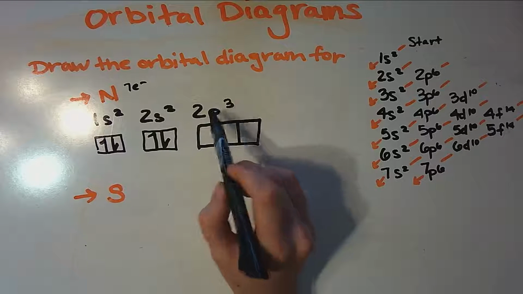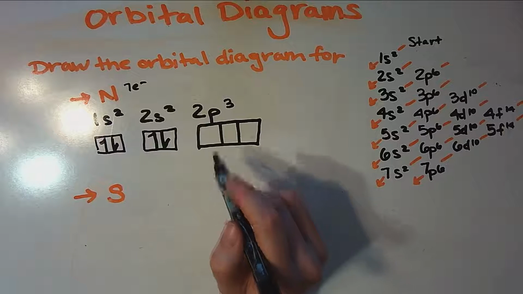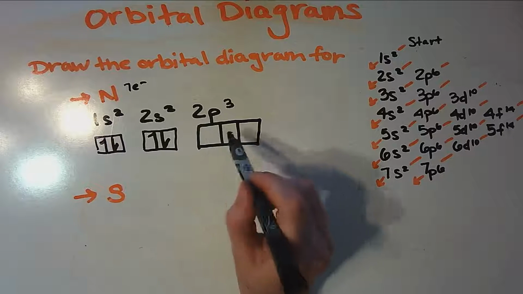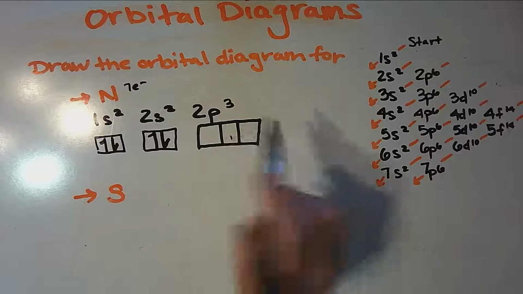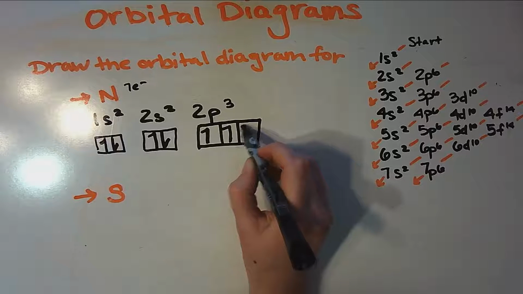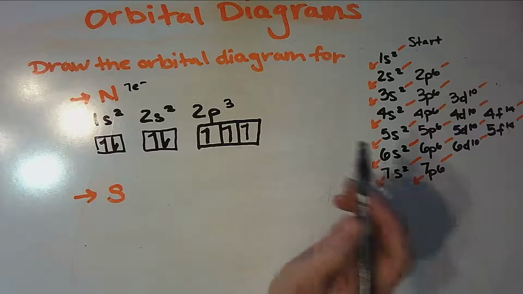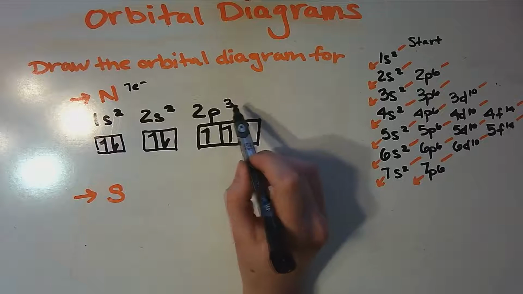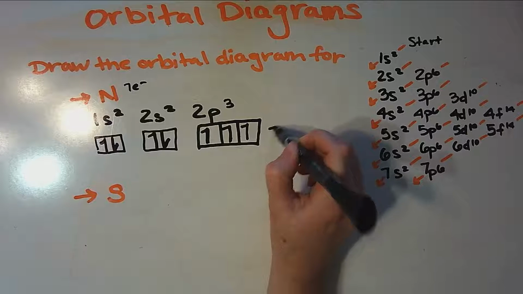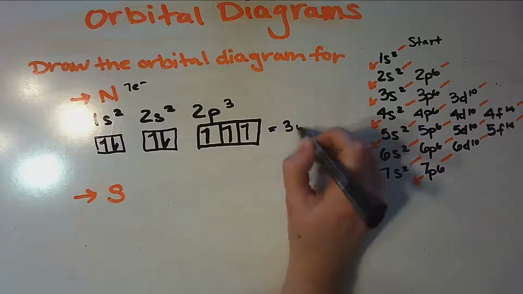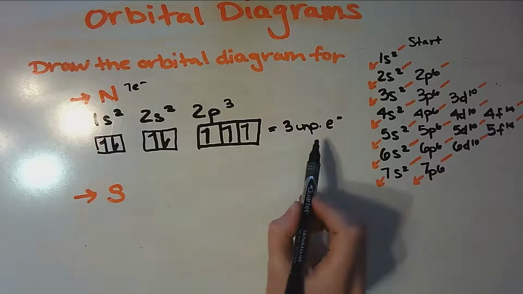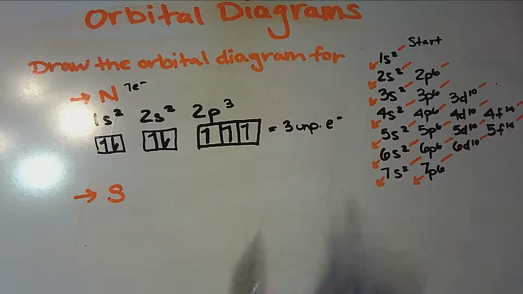Now for 2p3, I have to remember Hund's rule, that electrons will enter orbitals by themselves first before pairing up. So I'm going to put an electron in each orbital, and I don't have any more electrons, so all 3 of these electrons will be unpaired. So 3 unpaired electrons. I'm just going to make a mental note of that.